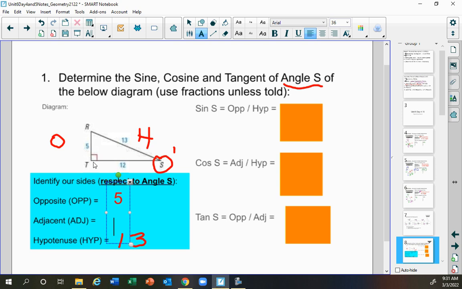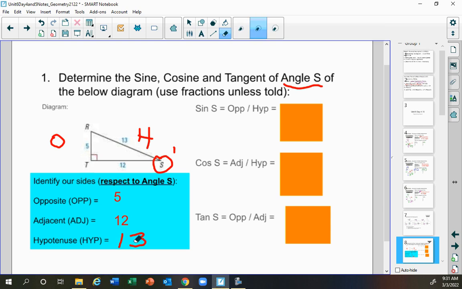Opposite 5, the 12. That's it. That's your only option left. 5, 12, and then 13. That's your A.